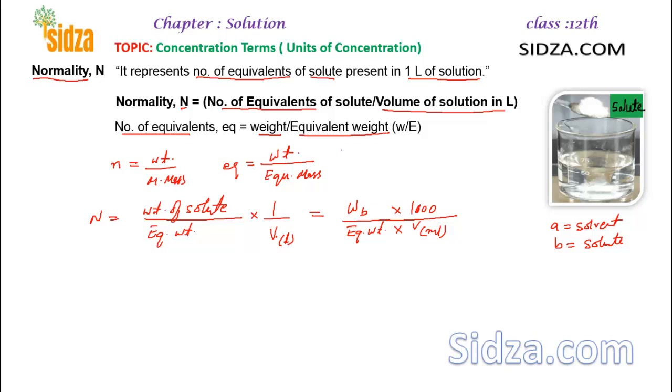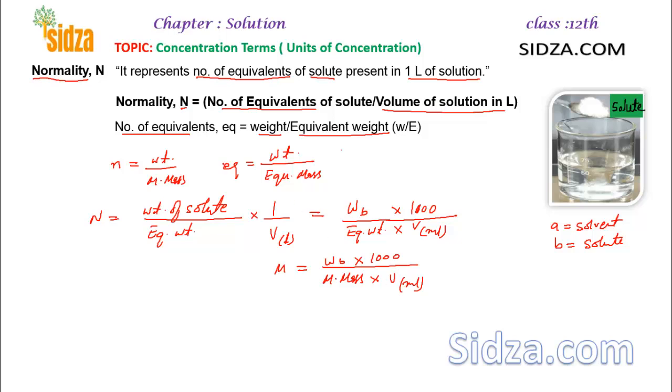So if you try to compare the difference between molarity and normality: for the molarity equation, we learned that molarity is equal to the weight of solute times 1000, which is what we did in our last video. We have the molar mass here, not the equivalent weight, divided by the volume of solution in mL.